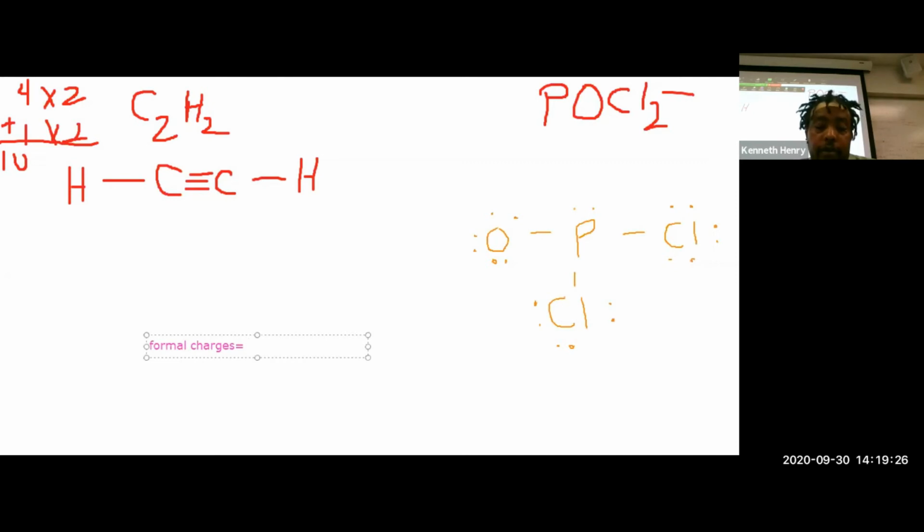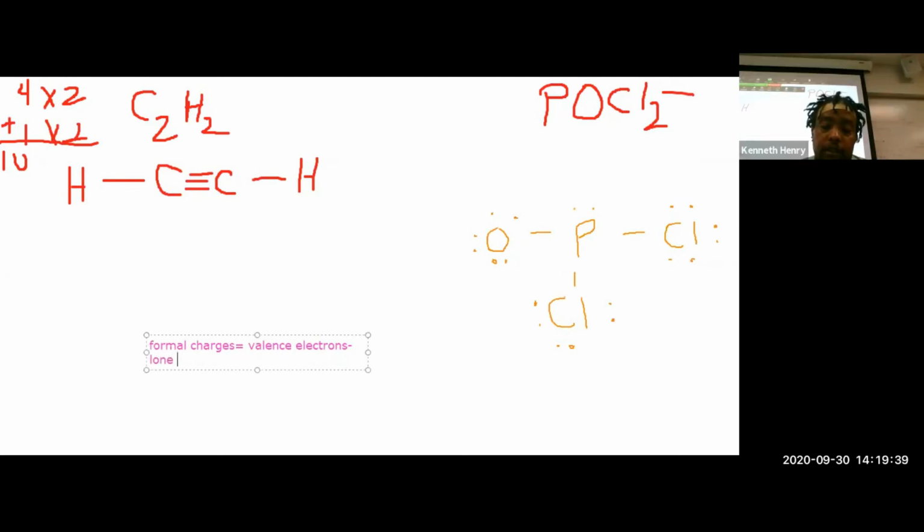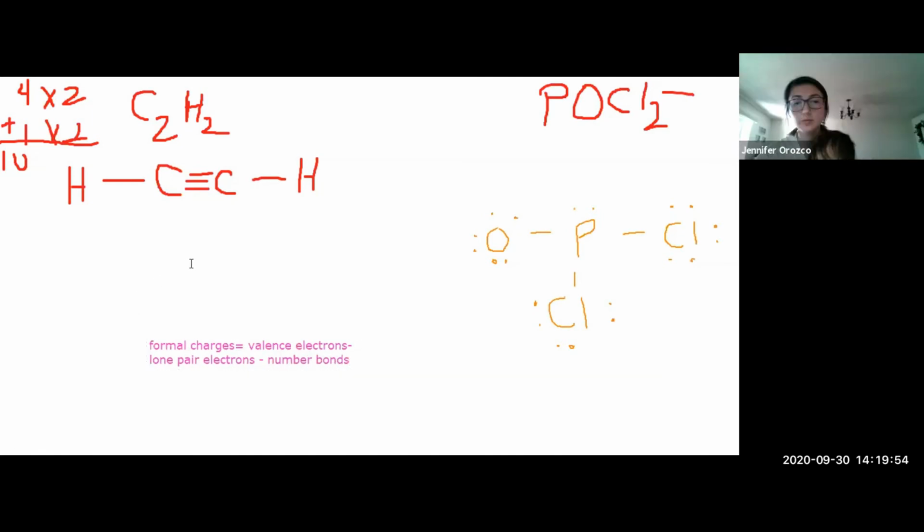It's going to equal the number of valence electrons minus the number of lone pair electrons minus the number of bonds.